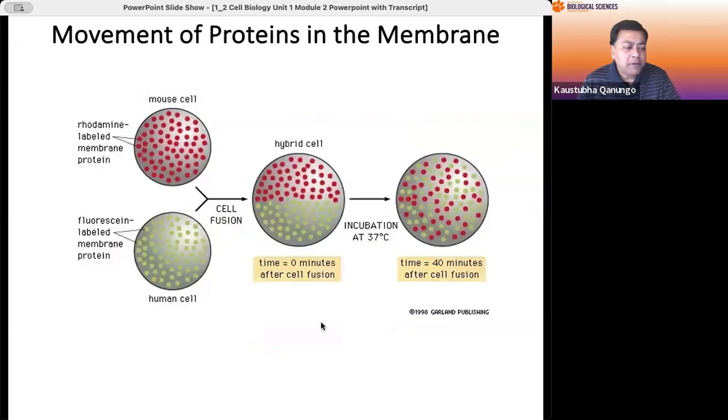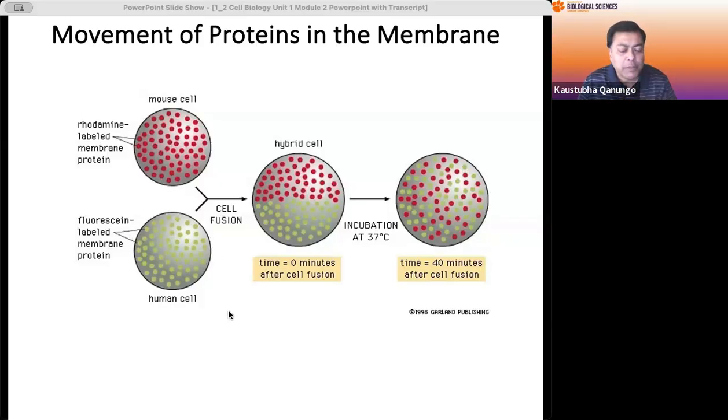All right. So after that, we are looking at the movement of the proteins in the membrane. The proteins actually move in the membrane as well. They do not flip-flop, but they can laterally diffuse all the time. And the typical picture of this is a mouse cell where you have a rhodamine labeled membrane protein. Rhodamine is the fluorophore, and here's a fluorescein labeled, which is also a fluorophore, which is green in color, in the human cell.